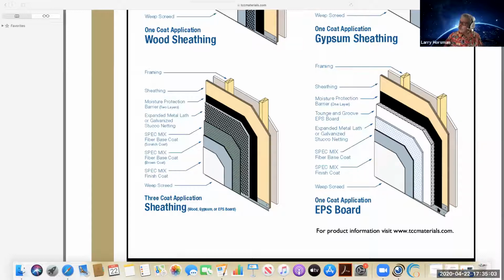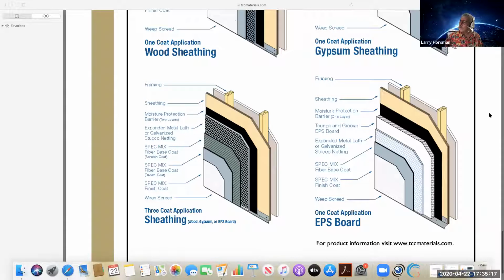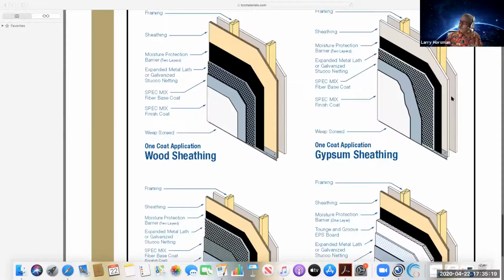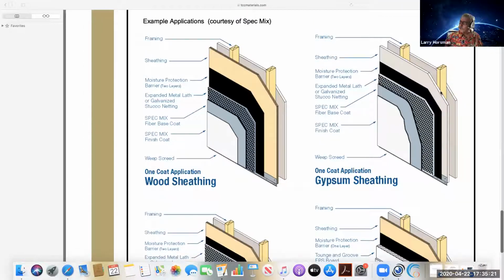See that this is a bit thicker. Sometimes when they're trying to get that Spanish look or a heavier look, or a lot of the commercial stuff, it's actually an EIFS-based system. Here they're using this 1-coat too, but this is over a gypsum sheathing, so DensGlass or something like that is what they normally might use.